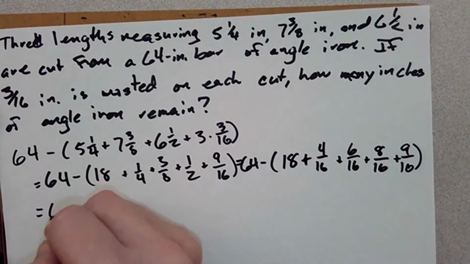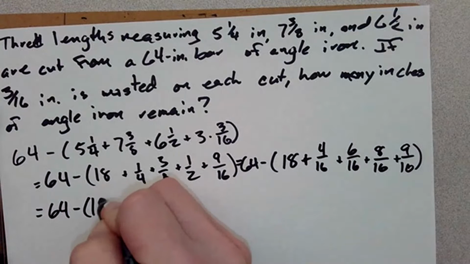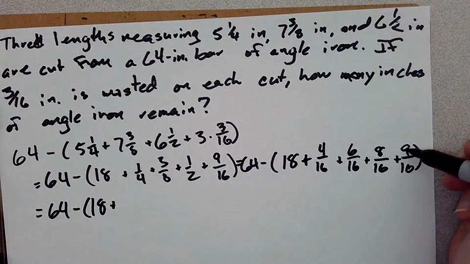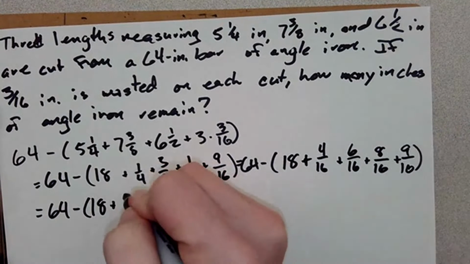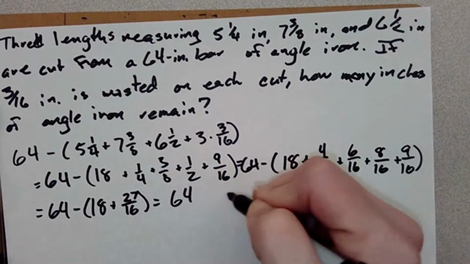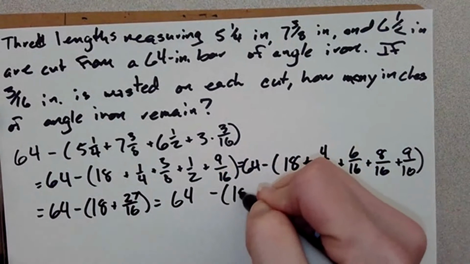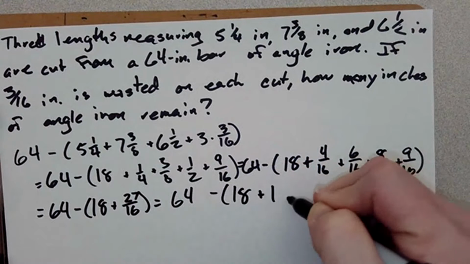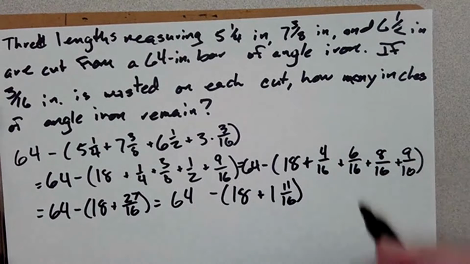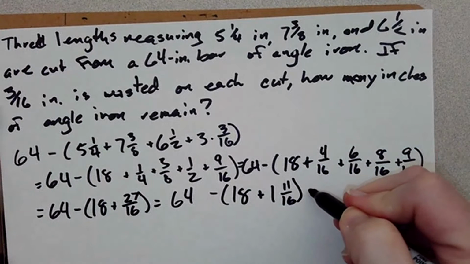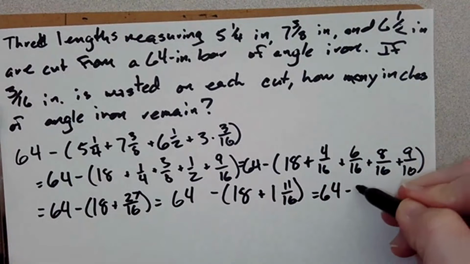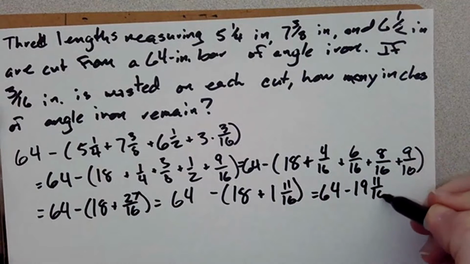Okay, so we've got our 64 minus 18 plus 4 plus 6 is 10, plus 8 is 18, plus 9 is 27/16. That's 64 minus 18 plus 1 and 11/16. Gives us 64 minus 19 and 11/16.